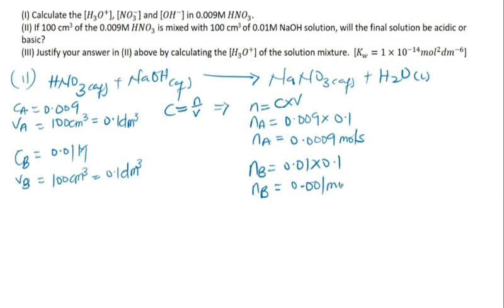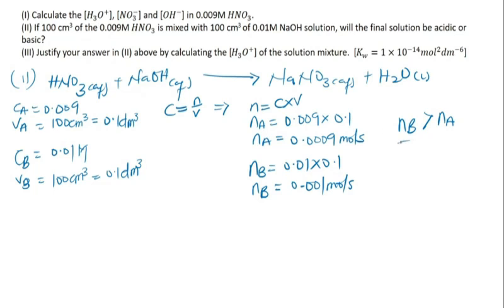So our mole of the base is equal to 0.001 moles. Now if we compare these two values, we can see that the mole of the base is greater than the mole of the acid. So which means all of the acid will be used in producing the salt, and we will still have some amount of base left which will dissociate in the solution.